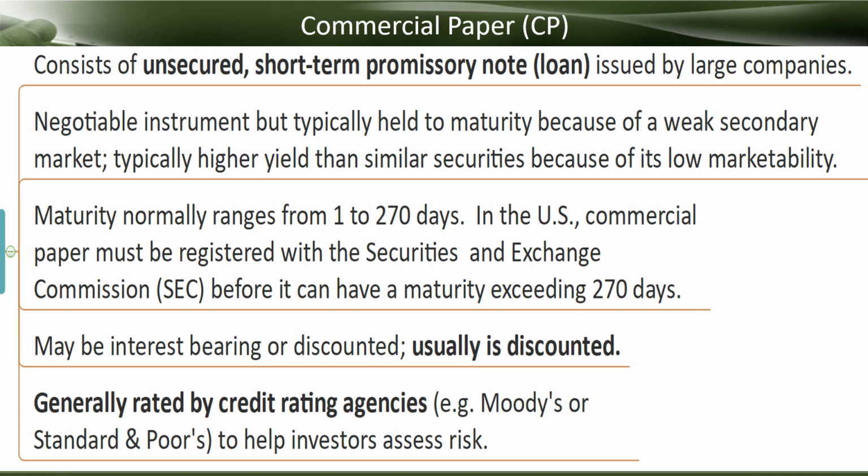That means no interest, but they are discounted for trading. Generally they are rated by credit rating agencies like Moody's and Standard and Poor's to help investors assess risk. Because it is issued by larger companies, this kind of credit rating is important for market understanding.